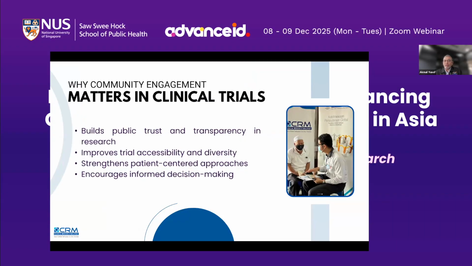We need to improve, especially when we're talking about humanity, trial accessibility and diversity. We must make sure that all patients have the ability to understand clinical research, and as a result, would be interested in enrolling in clinical research.